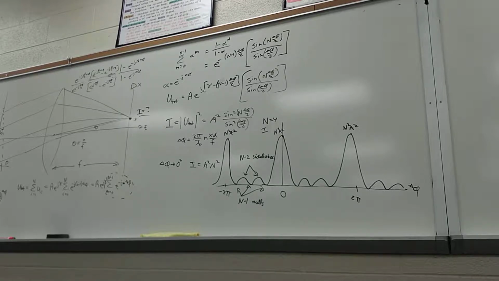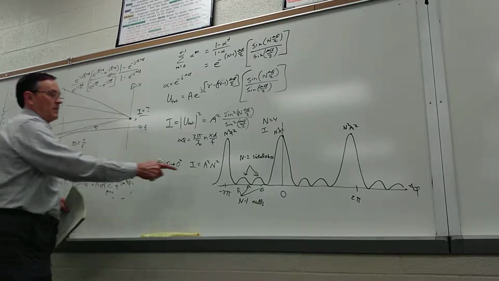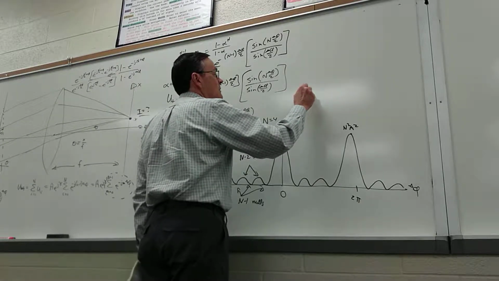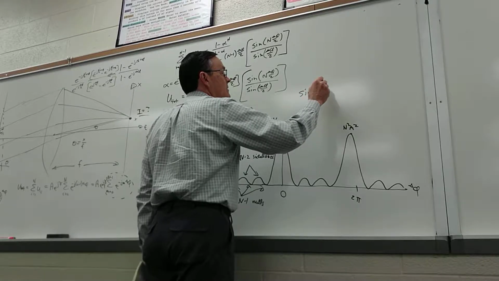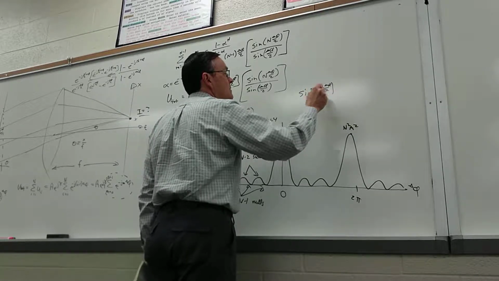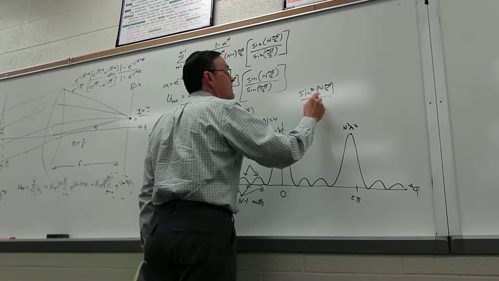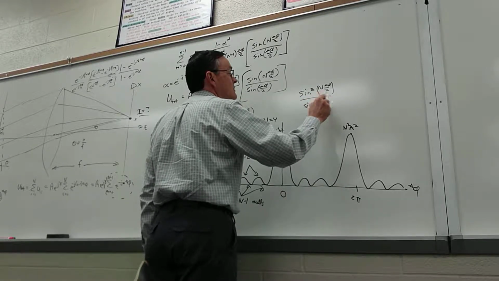So how do you get that n squared? I get the a squared part here, but in your max value, where does the n squared come from? It's sine squared n delta phi over 2 over sine squared delta phi over 2.